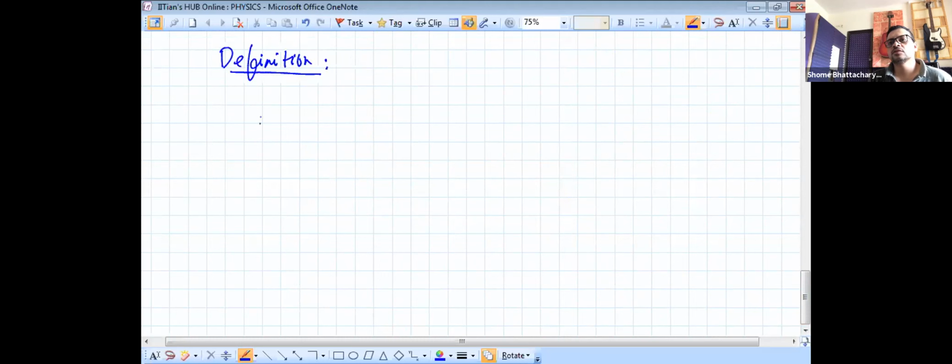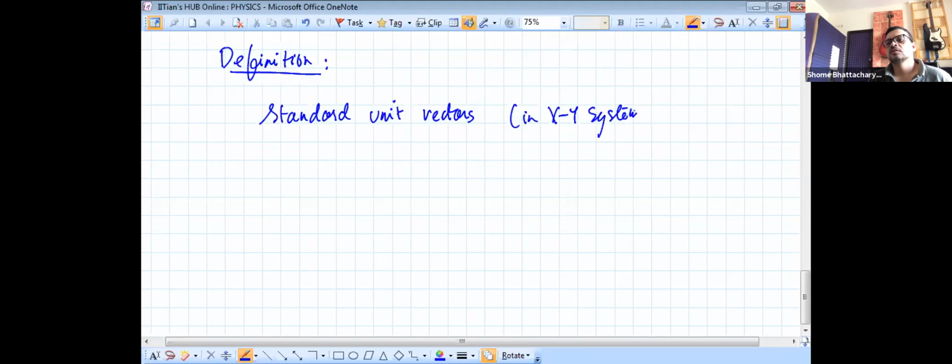All right. Okay. Now, next definition we will see is what is called standard unit vectors in the XY system. So it's called standard because they are along a standard direction. Unit because the magnitude is 1. Okay.